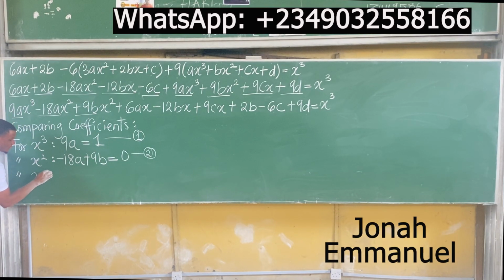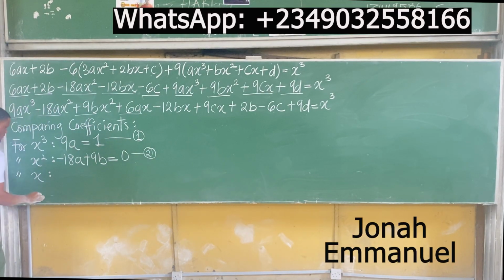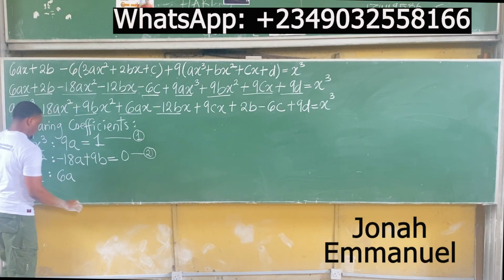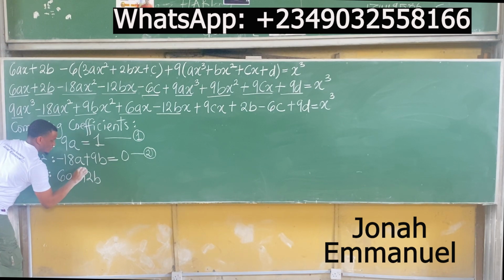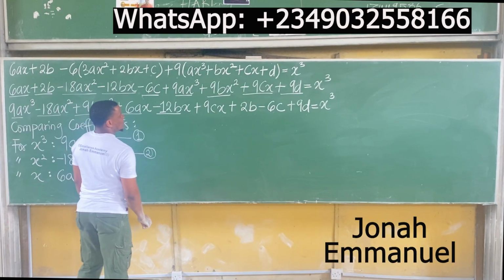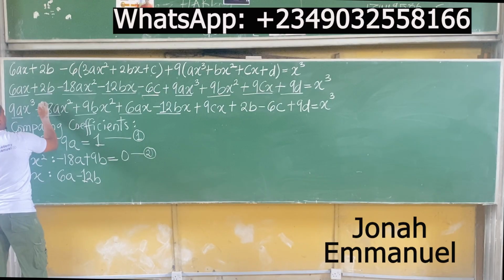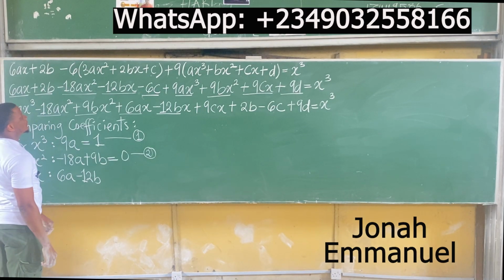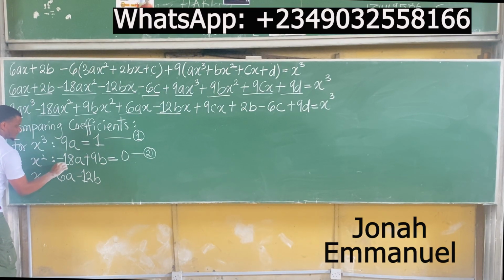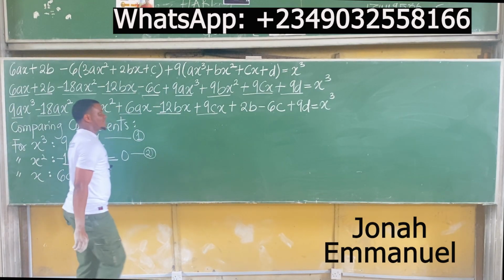Let's take for x. For x, 6a. So I have 6a minus 12b plus 9c.